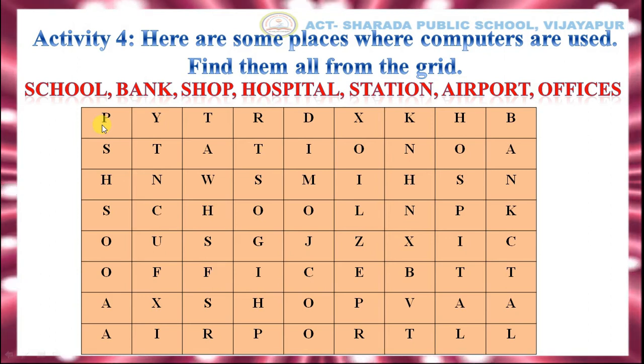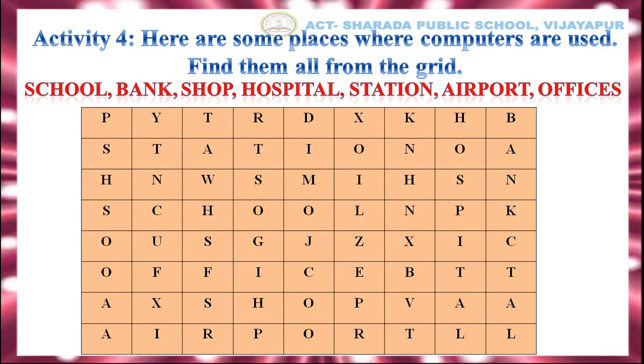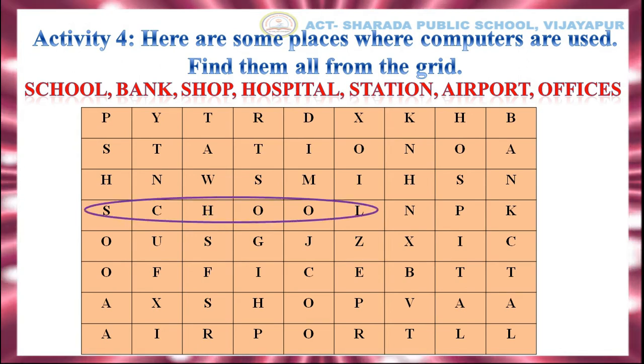Children, can you find out school in the word grid given? Yes, here is the school. Yes, S C H O O L. Now circle the word school in the word grid. In the same way, you need to identify remaining places and circle them in the grid given.